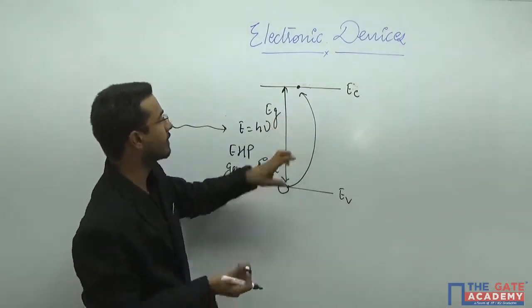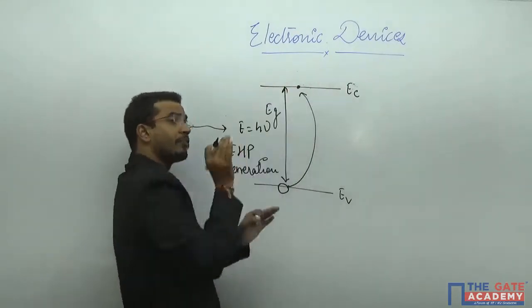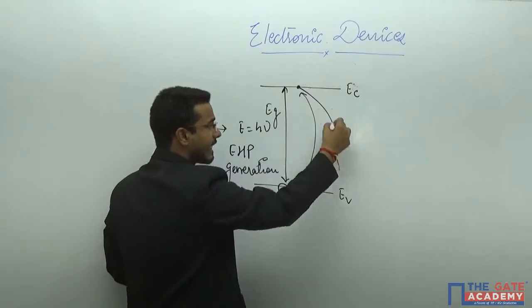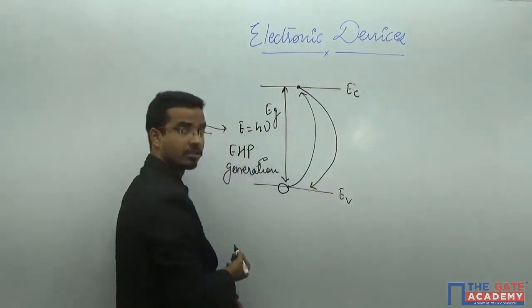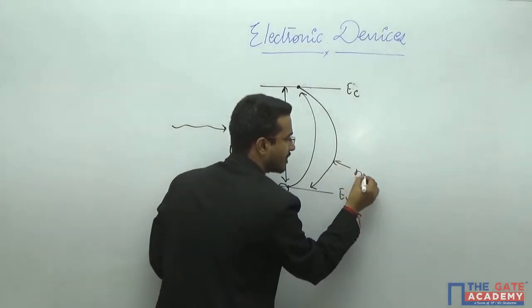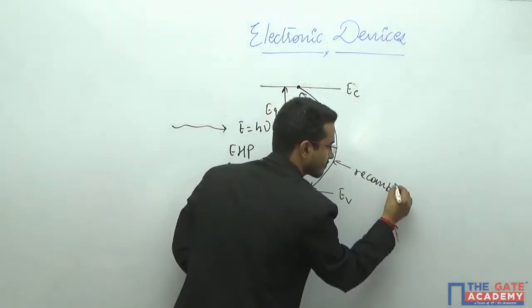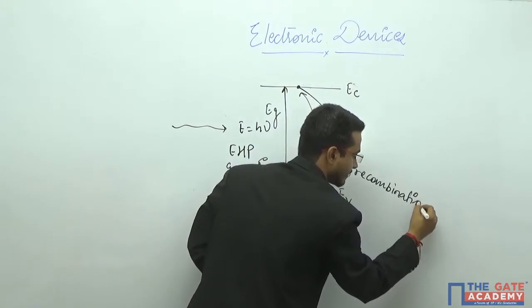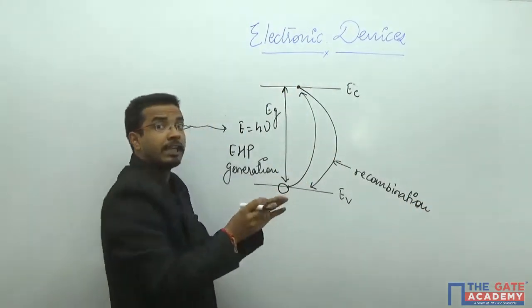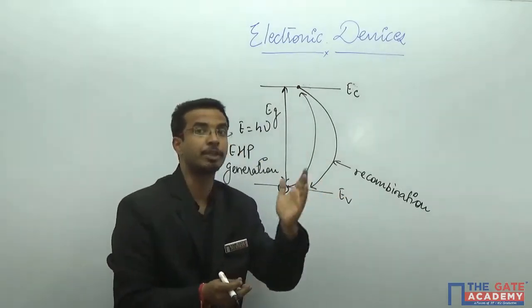The same thing will happen here. At EC, definitely the energy level is high. So whenever the electron releases the energy and comes back from EC to EV, this process is known as recombination. And definitely the energy conservation will come into the picture.